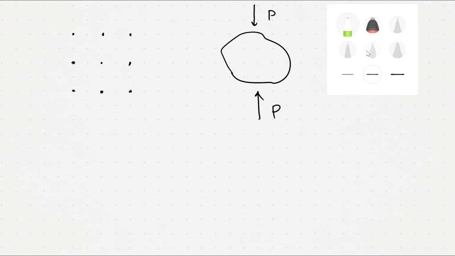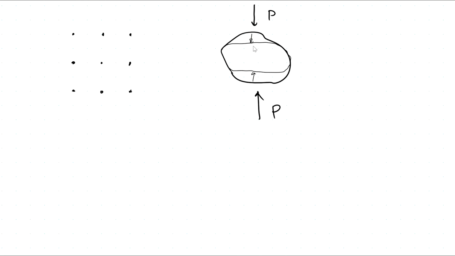So what you can do with the material is you can apply force and compress it. So basically I would say not force, but apply certain pressure from both sides. And if you apply this pressure, what would happen to the material is that it will get deformed into a smaller shape. And depending on the material and on the pressure, it might be a lot or it might be a little bit.